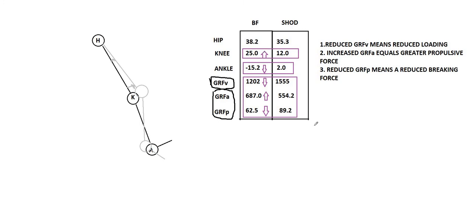This session will be shorter than is usually advertised, because this was supposed to be more of a discussion where I would pause and ask questions. But perhaps take a moment to pause the video and consider why knee flexion has increased and ankle flexion has decreased between these conditions.